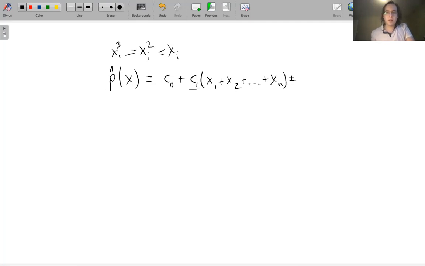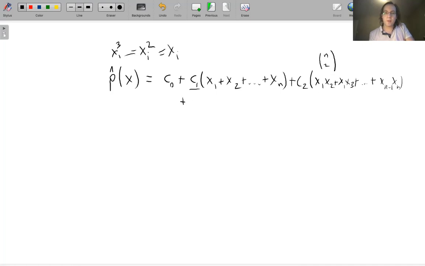And then we can write down all the terms of degree 2. They all have the same coefficient c2. They look like this: x1 x2 plus x1 x3 plus dot, dot, dot, up to x(n-1) xn. You're going to have n choose 2 different terms here.